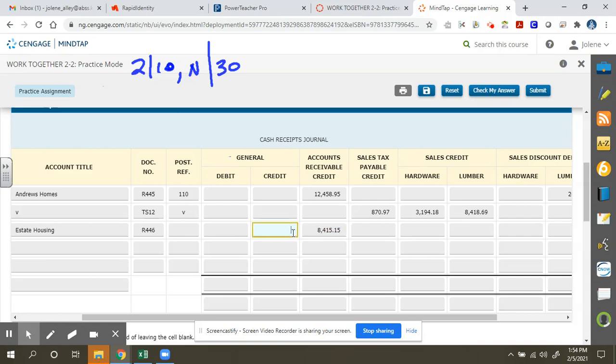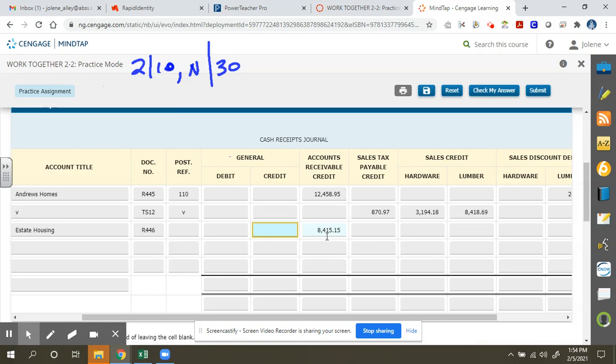Now again, I've got this in the book. It says that they had a purchase for $9,248.17, but they had also had a return. So you have to subtract the return off, $833.02. So what they really owe from that one invoice is right here, $8,415.15.